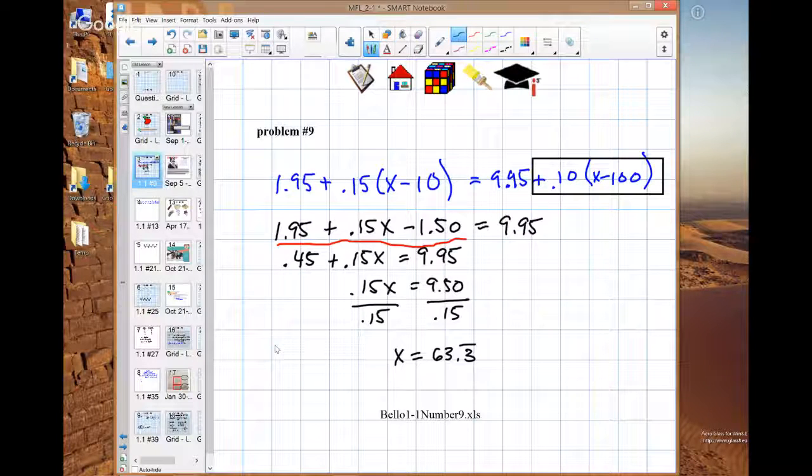So you pay the monthly fee right here, and then you pay 15 cents for all the calls over 10. That's why I wrote x, the number of calls you make. Then x minus 10 would be how many calls over 10. And then on the standard side, you pay $9.95 plus 15 cents for every call over 100.